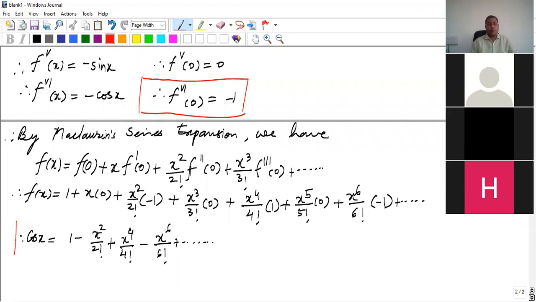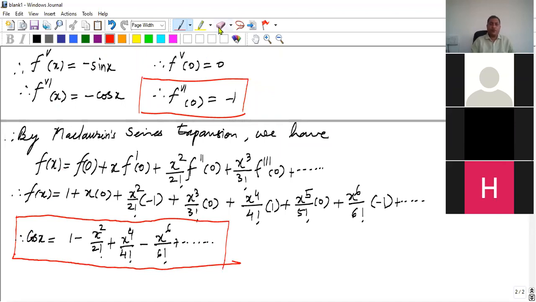So here you can see the cosine function can be expressed in terms of powers of x. And if you want to write this in terms of the summation notation, so yes, obviously we can write this. Now this is cos x equal to, so what we'll be having, n running from 0 to infinity.